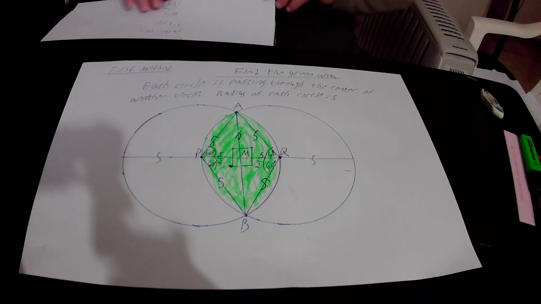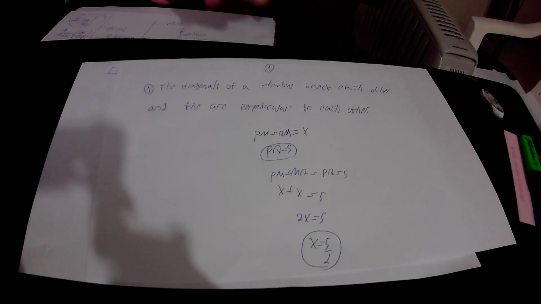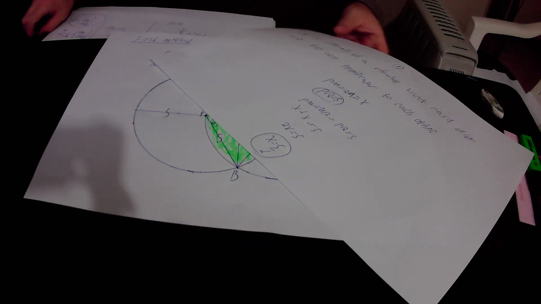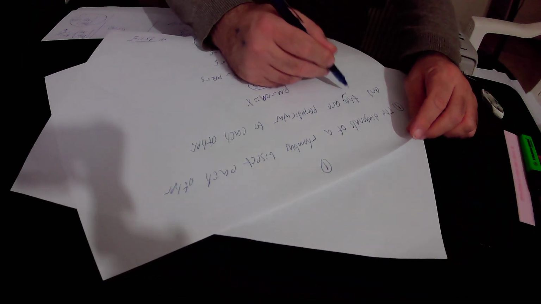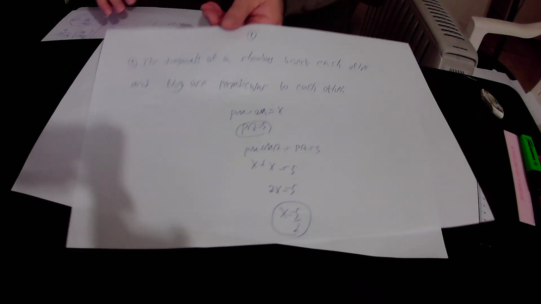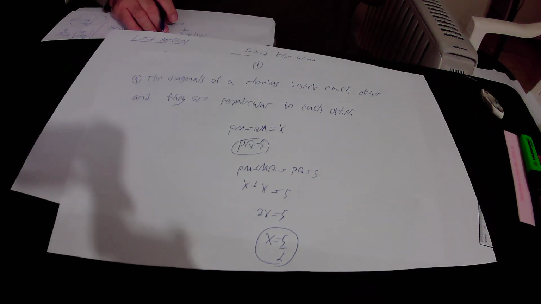And we know that the diagonals of a rhombus bisect each other, and they are perpendicular to each other. Okay? I'll repeat again. The diagonals of a rhombus bisect each other, and they are perpendicular to each other.